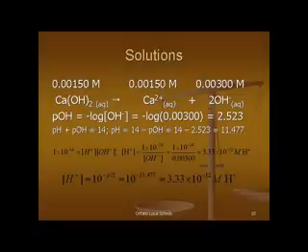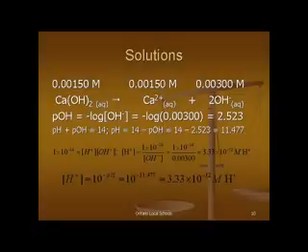Now, we've found our hydroxide ion concentration, we found our pOH, we next find our pH. It's just 14 minus the pOH, so 14 minus 2.523 would give us 11.477. And then we're going to take that 11.477, which is our pH, and we're going to find the H+ concentration by taking 10 to the negative pH value, which is 10 to the negative 11.477.